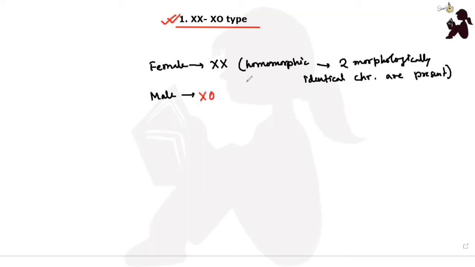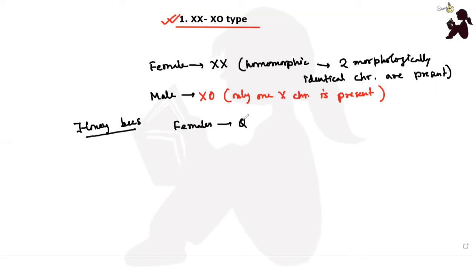Here the O stands for null, because here only one X chromosome is present. Okay. Now, the perfect example of this type of sex determination is the honeybees. So, in honeybees, we can see 2 types of females.